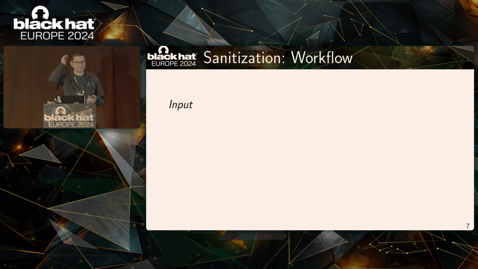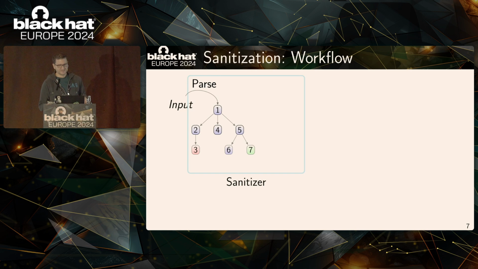And to understand why there are problems, and to introduce the parsing differential concept, I will quickly explain how a sanitizer which uses an HTML parser works. You have input, which is text, and the parser turns this text into some abstract representation. On the web, the abstract representation is always in a tree form, because in the end, the website is also in a tree form, like the document object model tree.